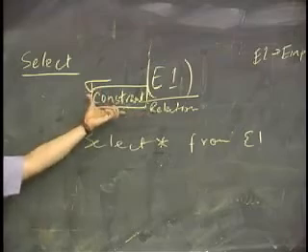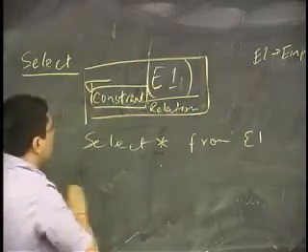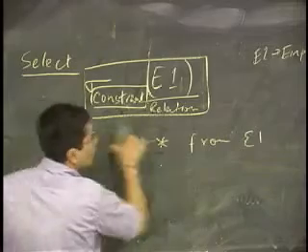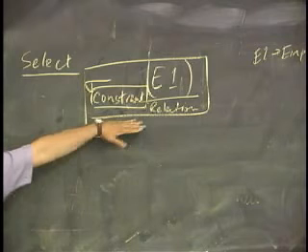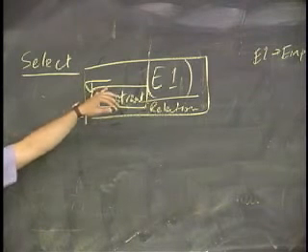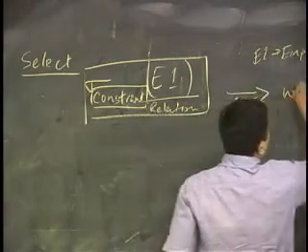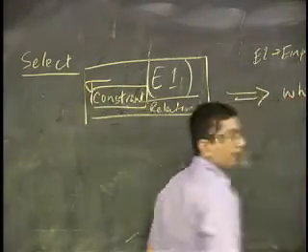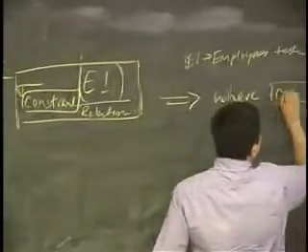So his question was that when it says sigma here, it is actually mapping to the where clause in our query, right? Because here is where the constraint comes.